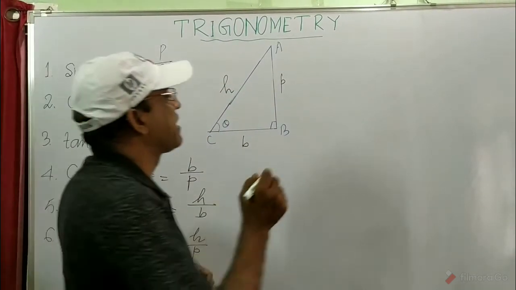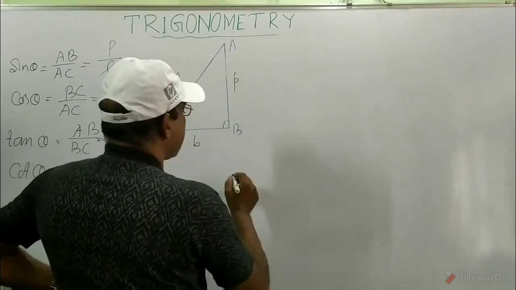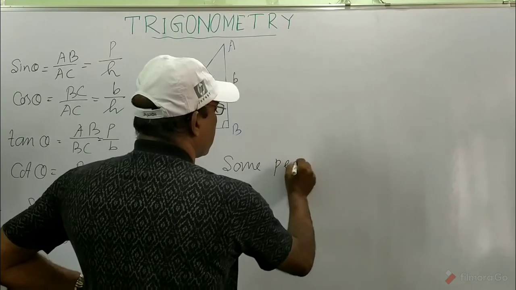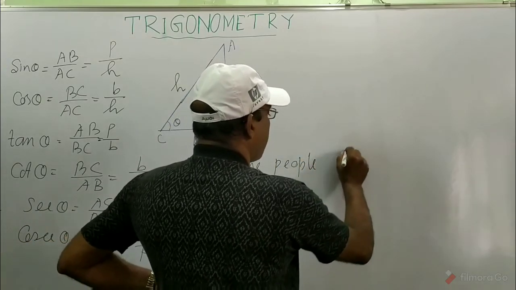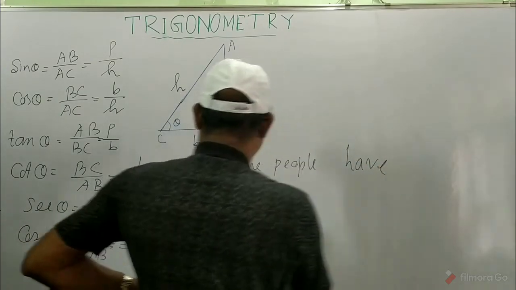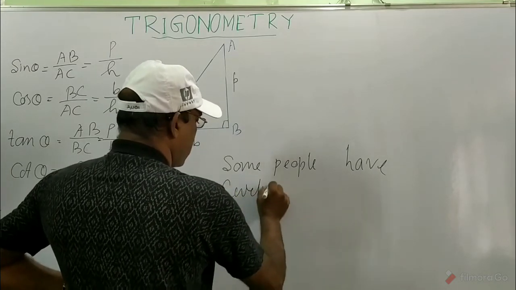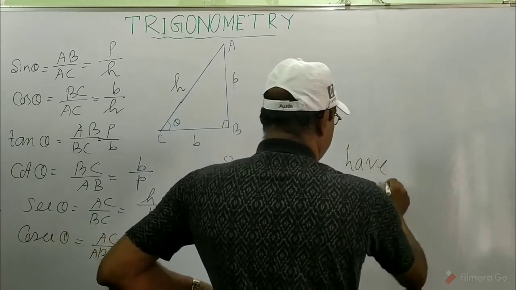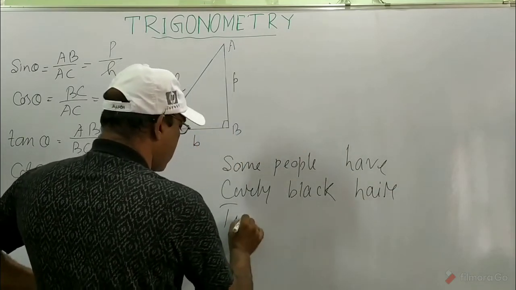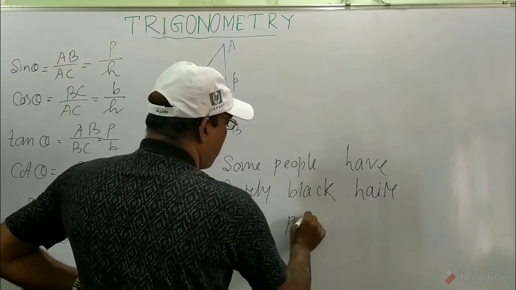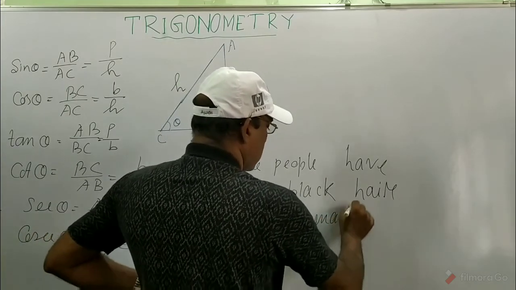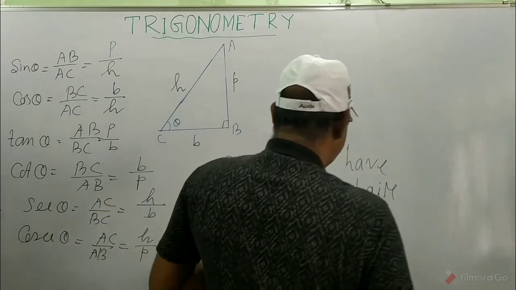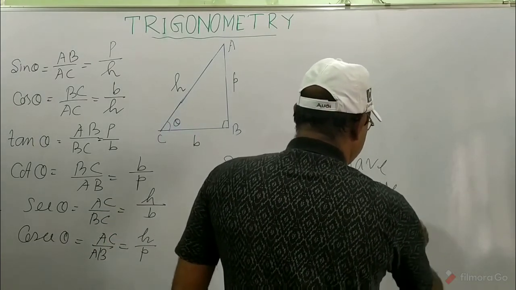The technique is this sentence: Some people have curly black hair turn permanently black.